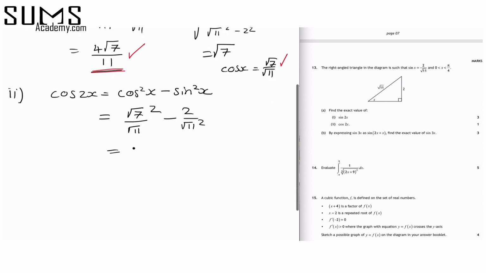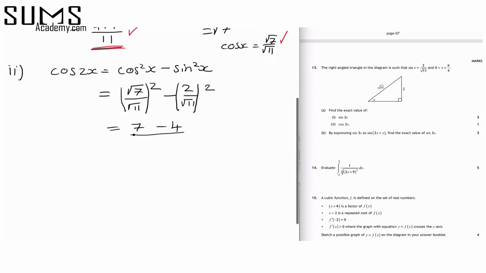So that just becomes 7 minus 4 all over 11, with the root 11 all squared, just to make that clear. Same common base, so that's just going to be 11. So our final answer is 3 over 11. And you just get your 1 mark for getting the correct answer.